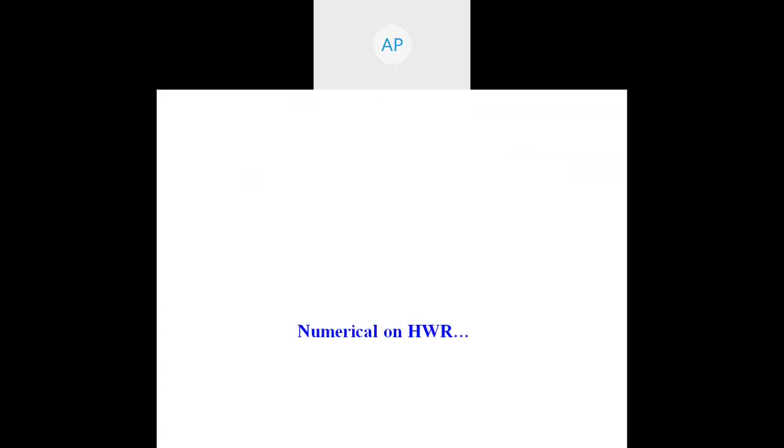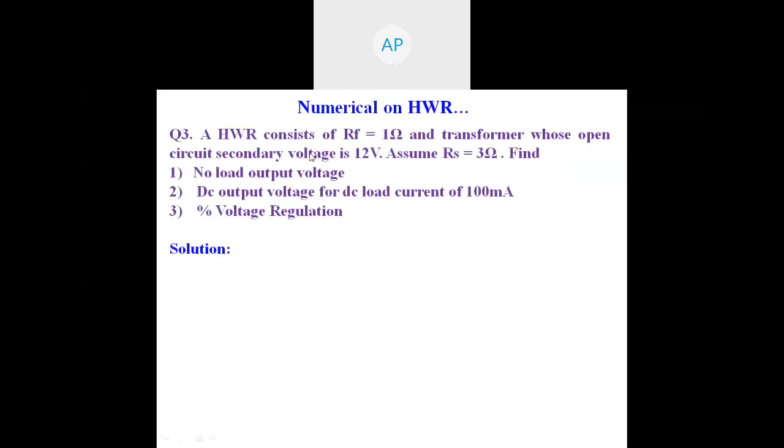Now the third problem. A half-wave rectifier consists of a diode with forward resistance 1 ohm, and a transformer whose open circuit secondary voltage is 12 volt. Assume that RS is equal to 3 ohm. Find the no load voltage regulation and the DC output voltage for a DC load current of 100 milliampere.